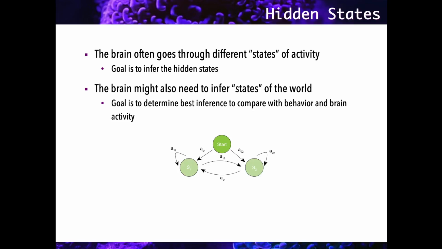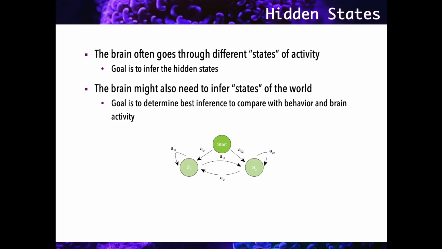As you might have realized by now, most of the time when we acquire data, these states are hidden from us. We just see a continuous stream of data, and we don't know how it is segmented into different states.